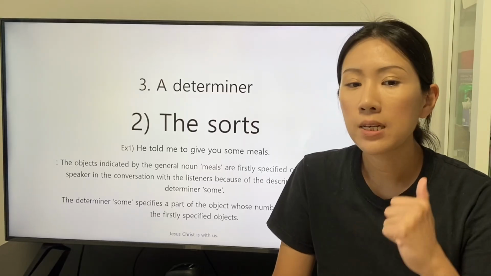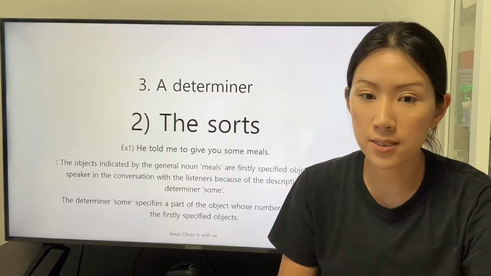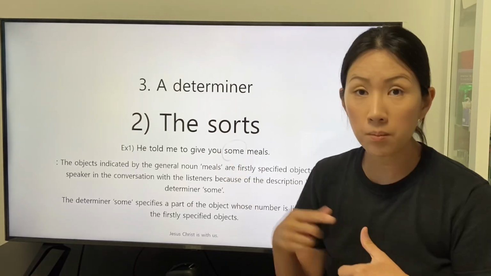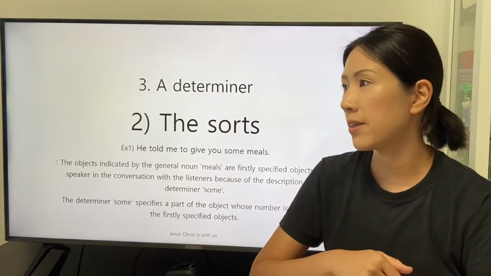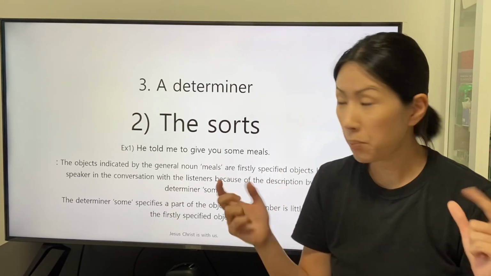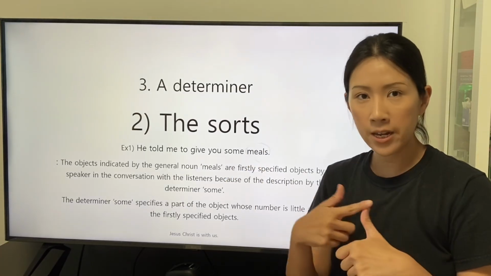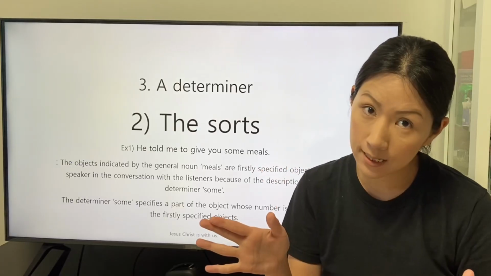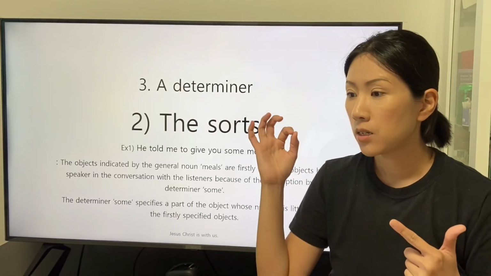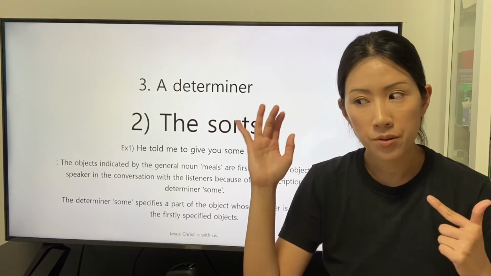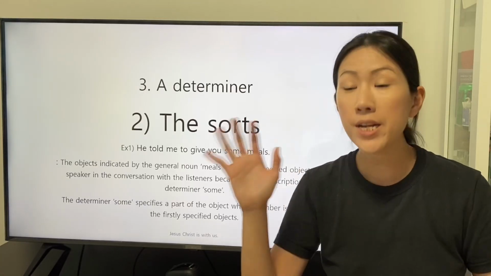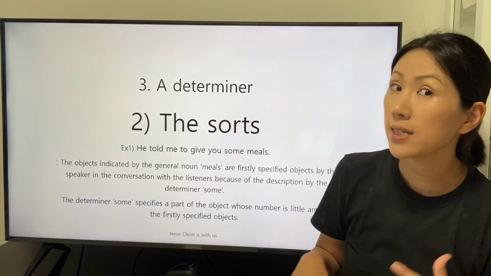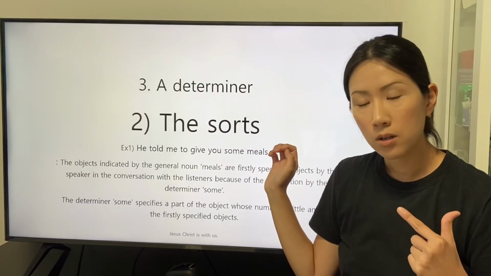There is a clause, he told me to give you some meals. From the application of the determiner some, the listeners can understand that the number of the object indicated by the general noun meal in this clause is little, and there is a predetermined range of the object indicated by the general noun meal.